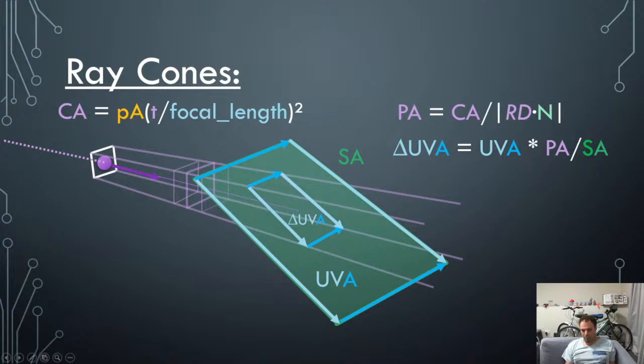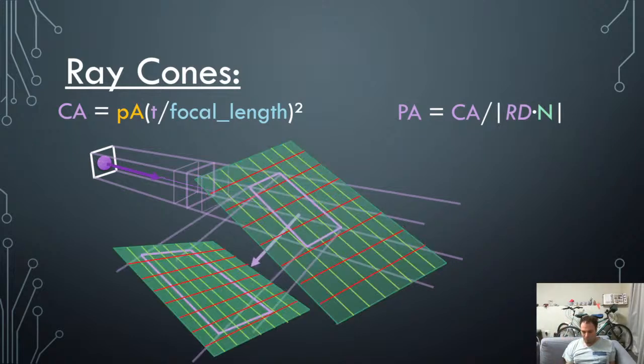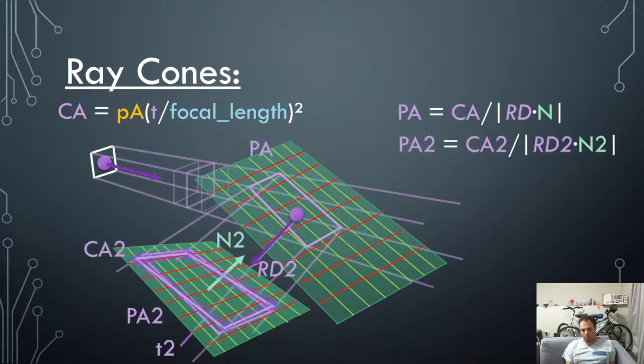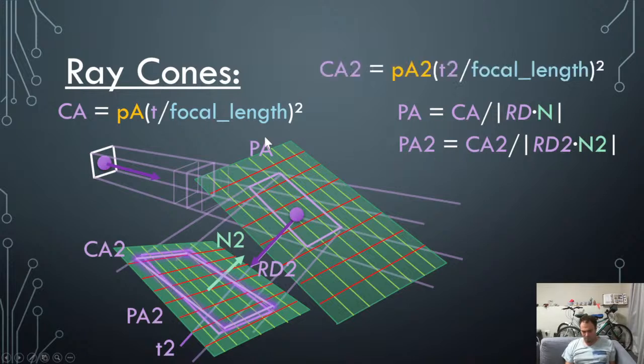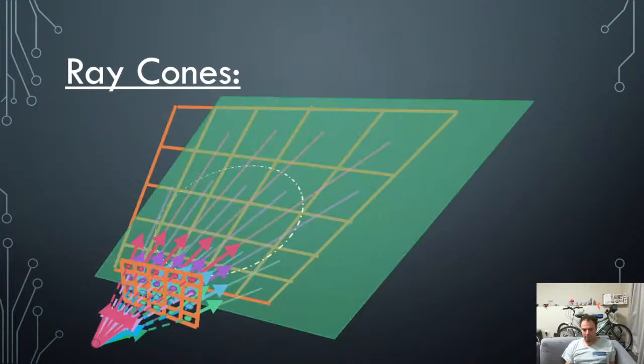And that's the thing we can use as a substitute for the thing that we have in rasterization. And we can continue on from there, and for a secondary ray, this becomes our original cone width, like this one here was before for the primary rays, and everything else just works the same way. And PA becomes PA2, etc.